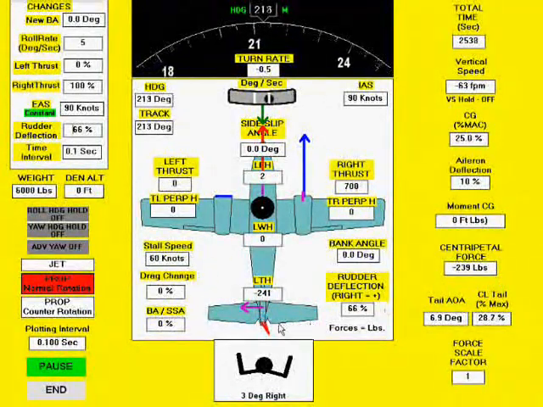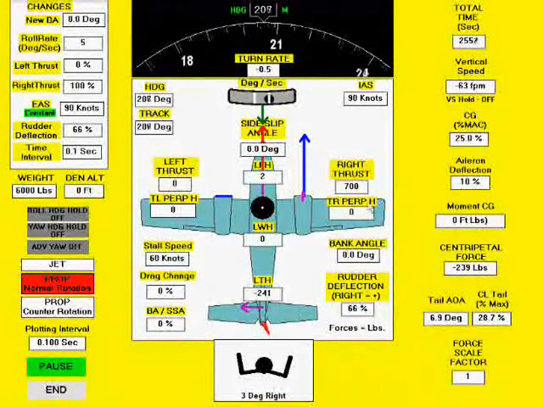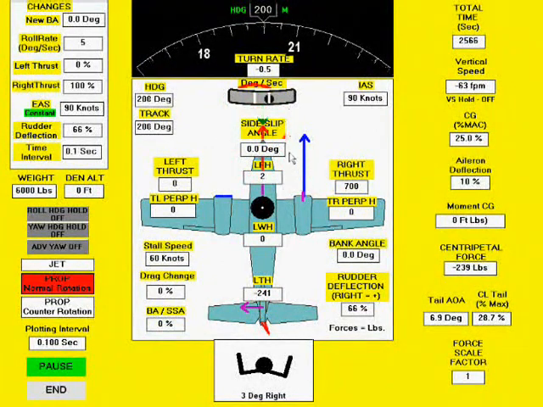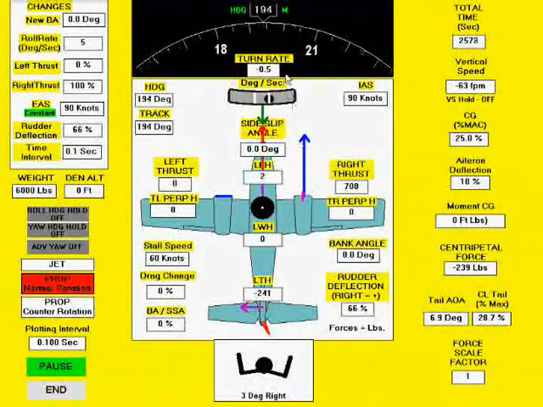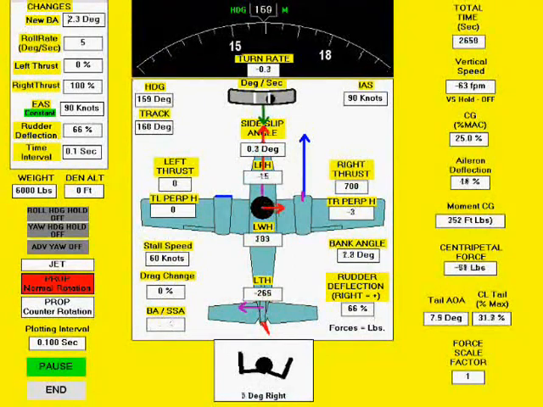But the vertical tail lift is providing the centripetal force to cause a turn. We eliminate most of the centripetal force with a slight bank toward the operating engine.